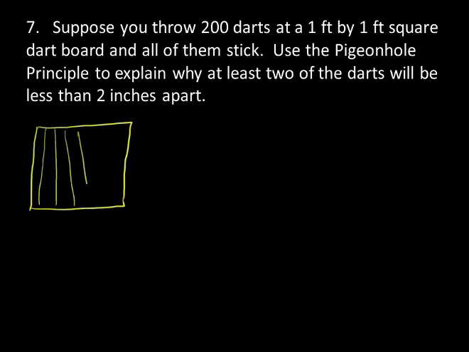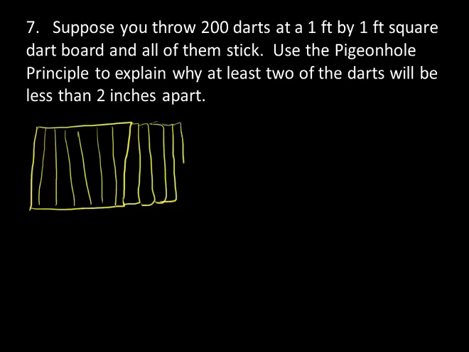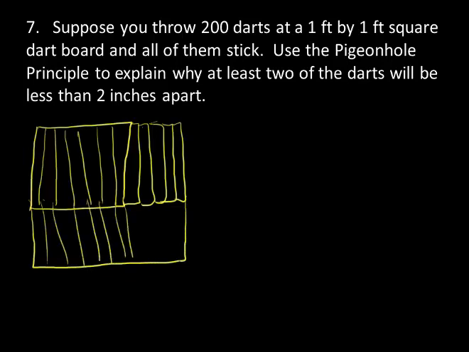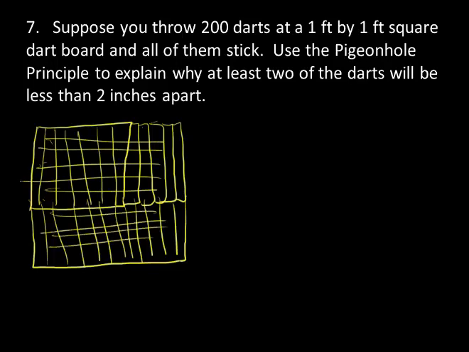So let's see, that's 1, 2, 3, 4, 5, 6, 7, 8, 9, 10, 11. I'm going to have to go down further. I'm just making a square. You wouldn't need to do all of this, but I'm dividing it into square inches. And so then I'd put 12 lines this way. Let's just sketch this, okay?